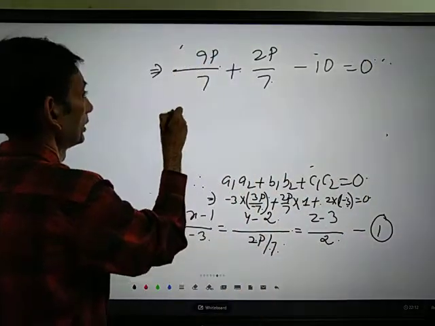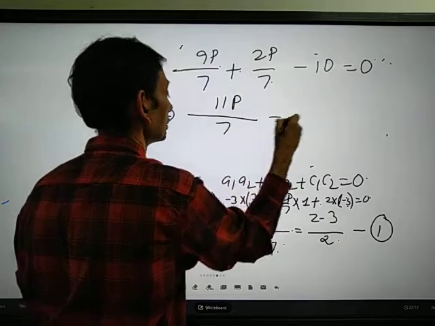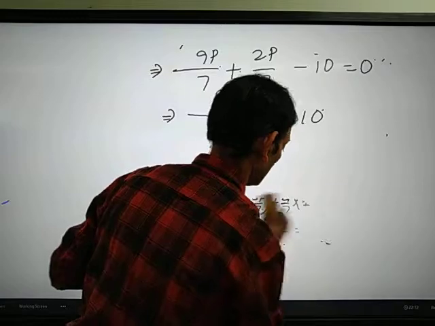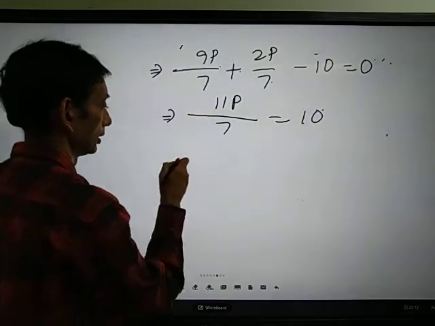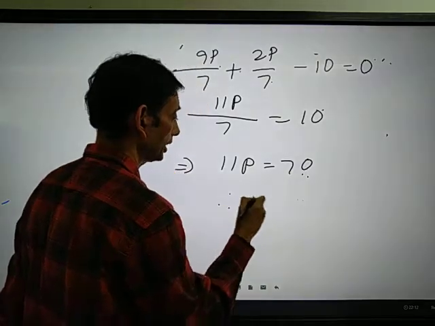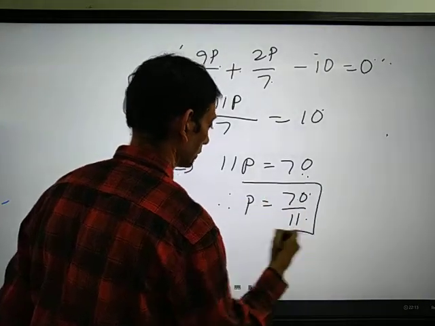If you add, this is 11p by 7 equal to 10. So this gives us 11p equal to 70, therefore p equals 70 upon 11. So you got the value of p.